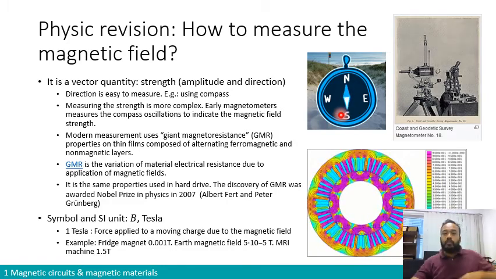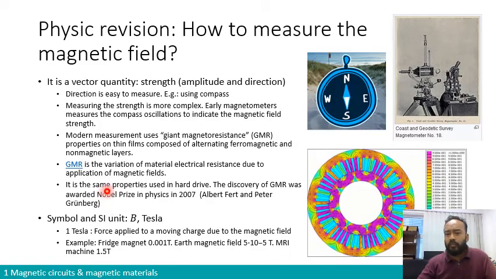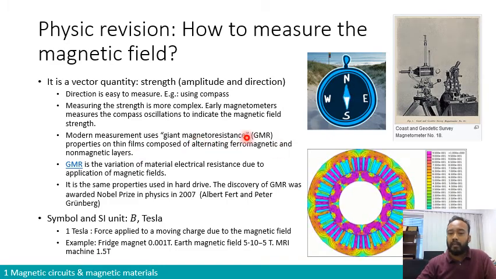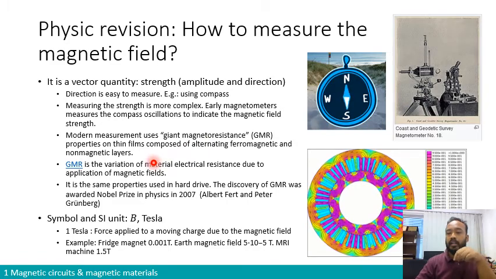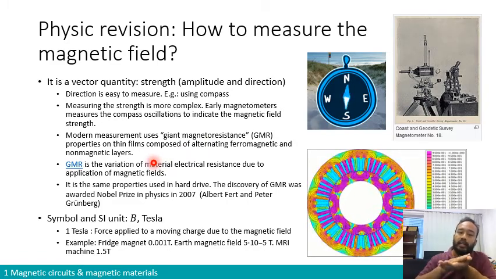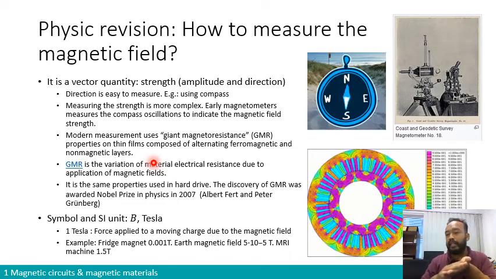But now we measure the strength of a magnetic field using what we call giant magnetoresistance, GMR. What is giant magnetoresistance? It is a property of certain materials composed of thin films alternating between ferromagnetic and non-magnetic materials.